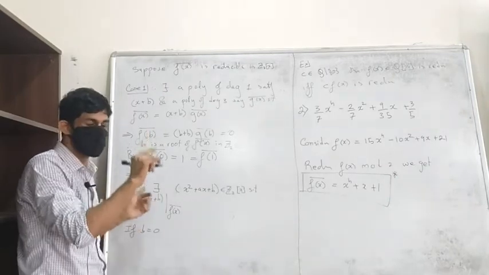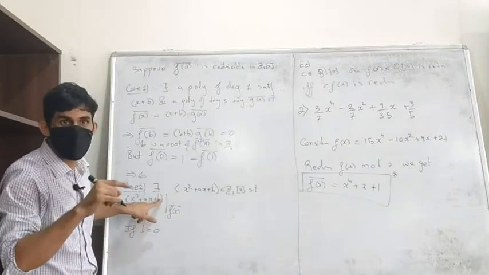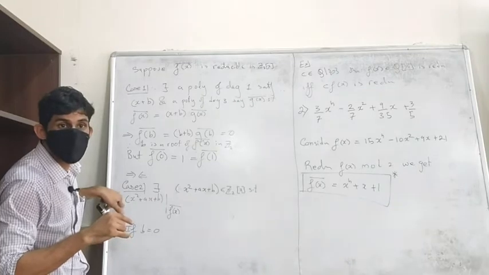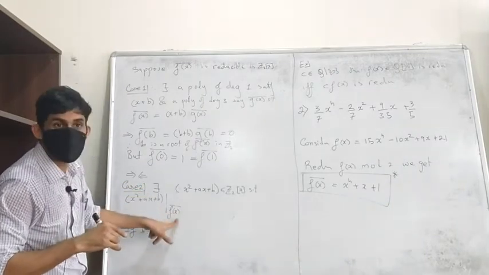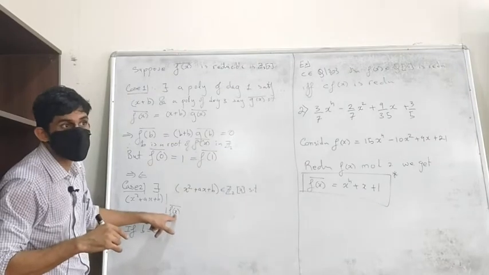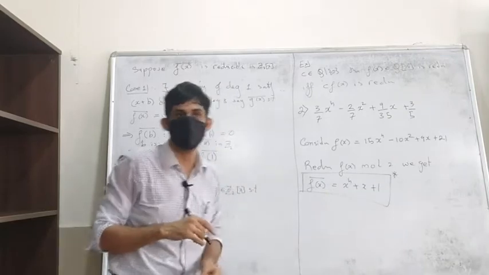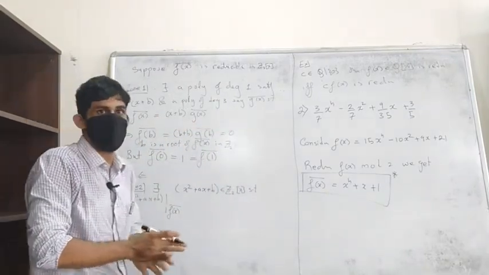If b is equal to 0, that means 0 is a root of this polynomial, right? X divides this polynomial, so x would also have to divide f. But that's not possible because 0 is not a root of f. I am using the remainder theorem.